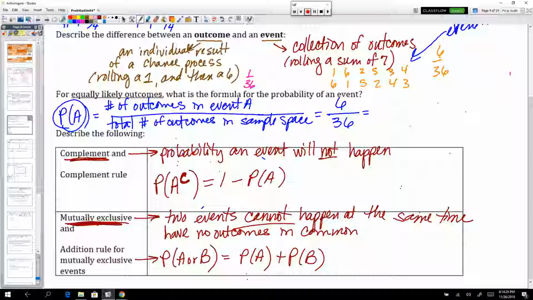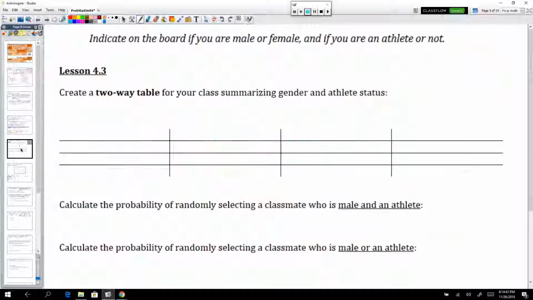Typically we pause at this point and get a count of the folks in the classroom that are male and female and that are athletes and not athletes. I'm going to go ahead and fill this in for the video purposes with data that I collected elsewhere. If you are running this in class, you could take your own data and fill in what we call a two-way table.